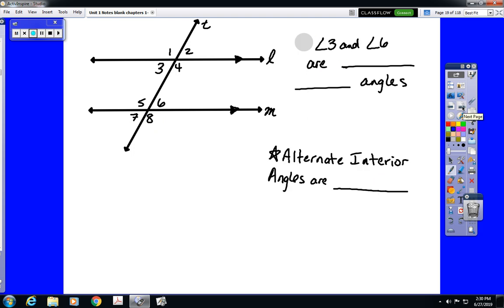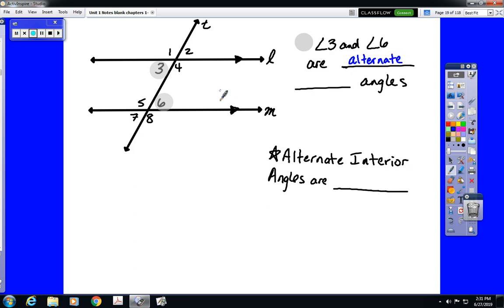Next relationship, we are doing with the gray this time. That is angles 3 and 6. Notice that angles 3 and 6 occur on opposite sides of the transversal. 3 is on the left, 6 is on the right. That makes them alternate.